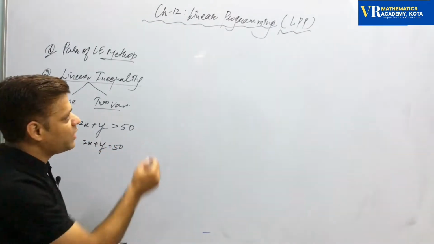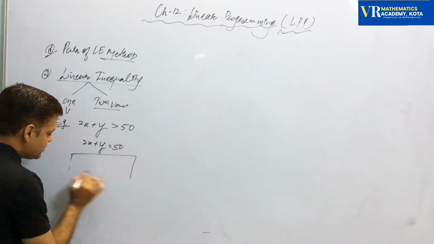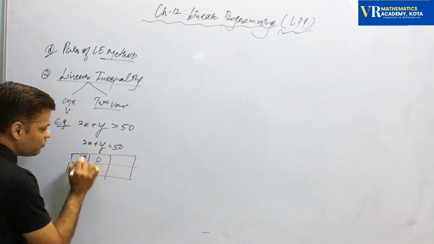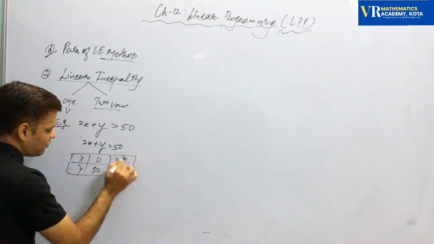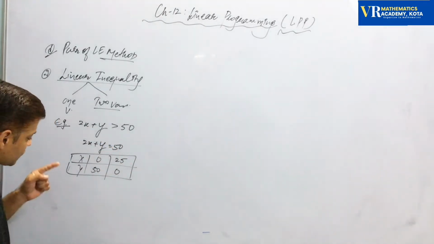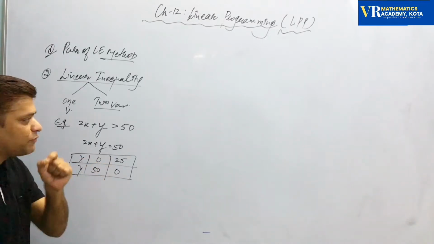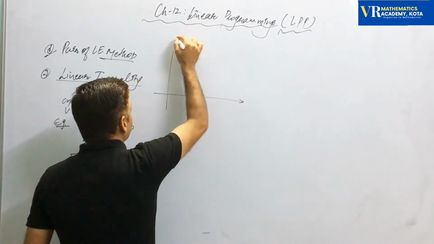The same procedure we have to do in linear programming also. Now we find two points to draw this line. Let x is equal to 0, then y will be 50, and let y is equal to 0, then x will be 25. So one point is (0, 50) and the second point is (25, 0). So we can draw this line in the coordinate system.